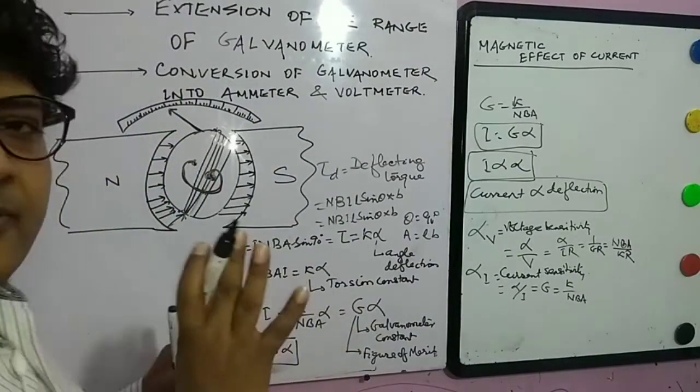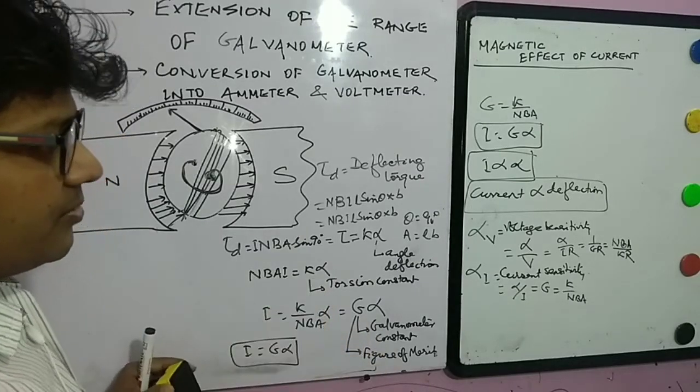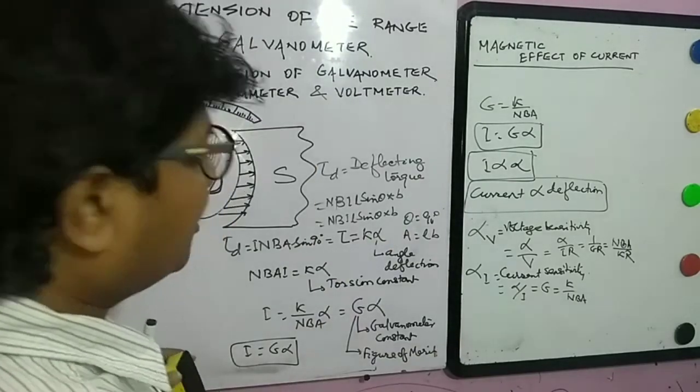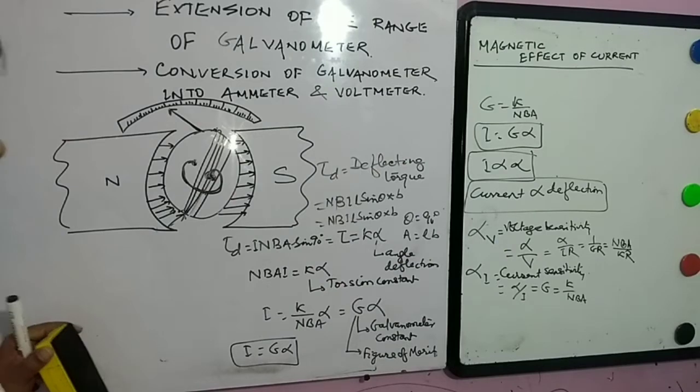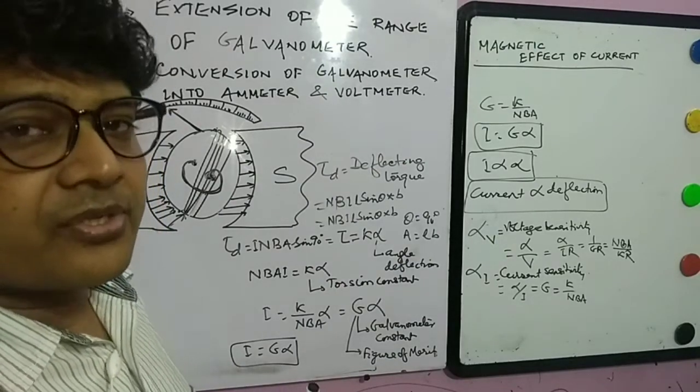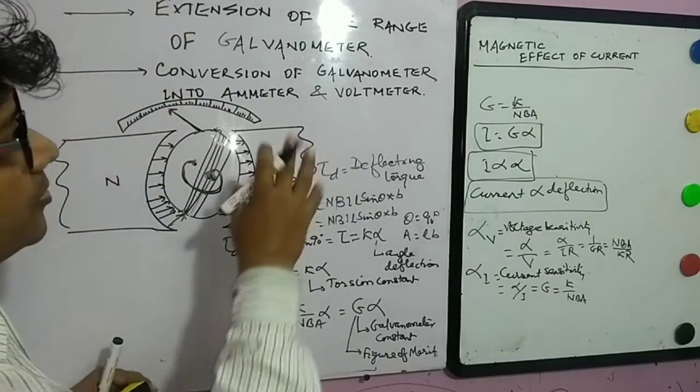This is all about a brief discussion of the galvanometer. We have to keep this in mind, but our target is the extension of the range of the galvanometer, and at the same time we are going to convert it into a voltmeter and an ammeter.